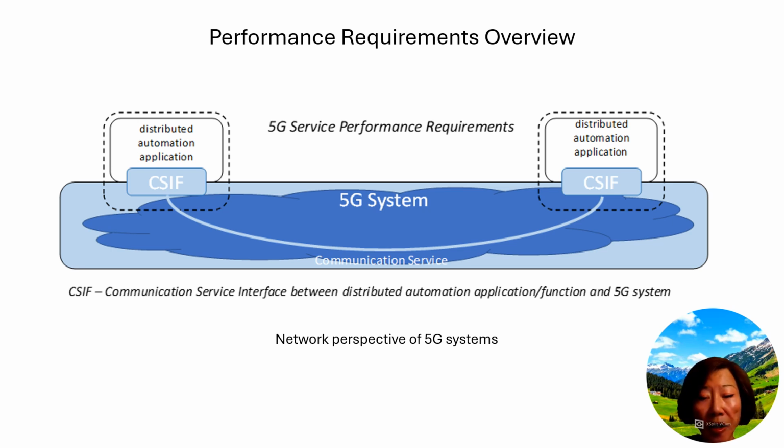As you can see on the diagram here, two CSIF, two of these functions, talking to each other within a 5G system functioning as communication services. To reduce latency, increase availability, or keep sensitive data within a non-public network, a local approach, for example network edge, may be preferred.